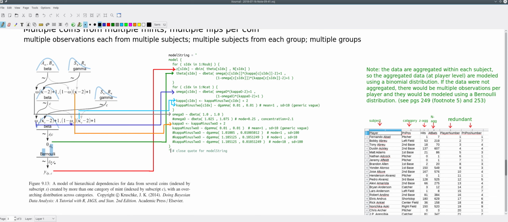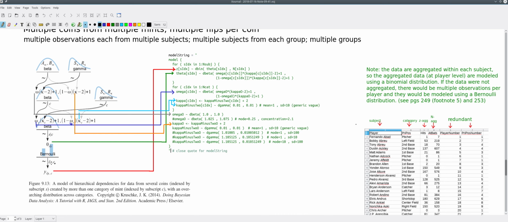And the theta for a subject given a category, that is, subjects belong to a category, where subjects are the individual players and categories are the positions, is modeled as a beta distribution with 2 parameters, omega and kappa, for each of the categories.